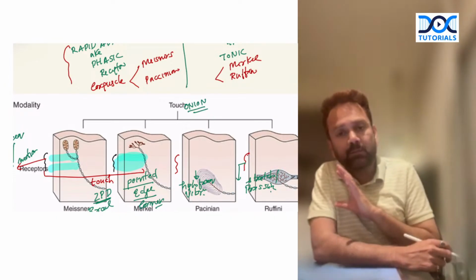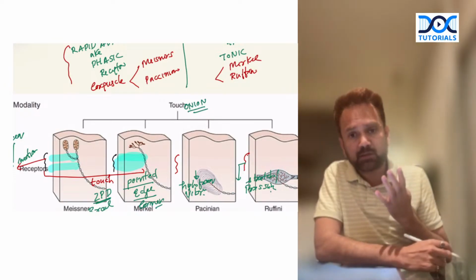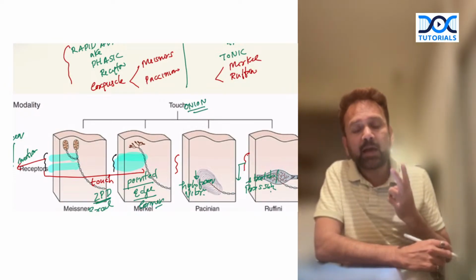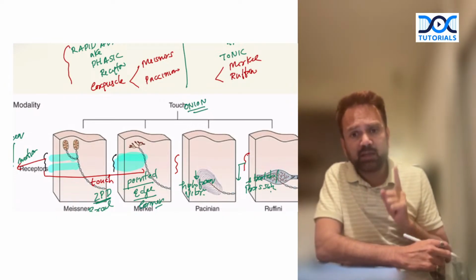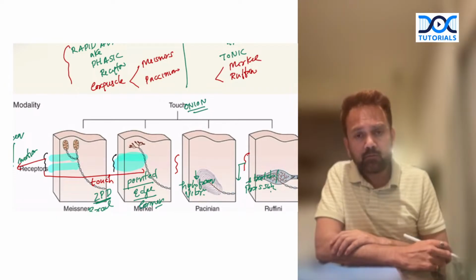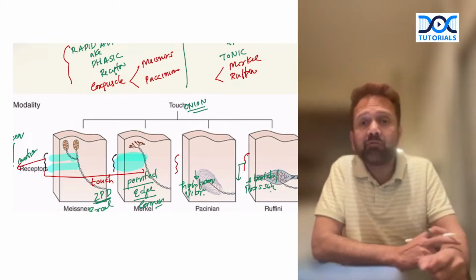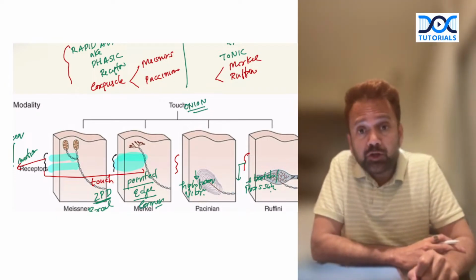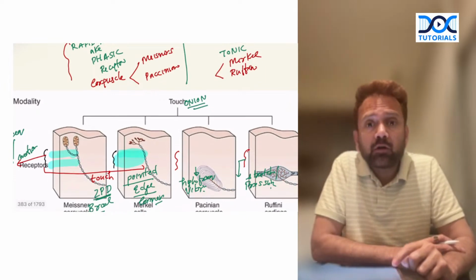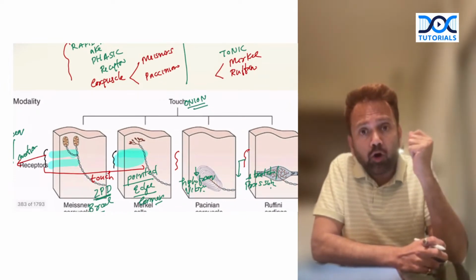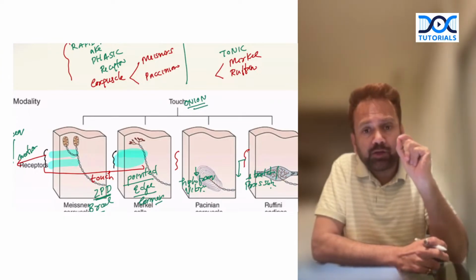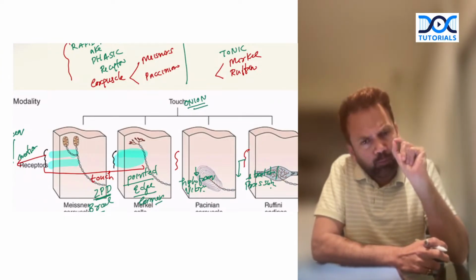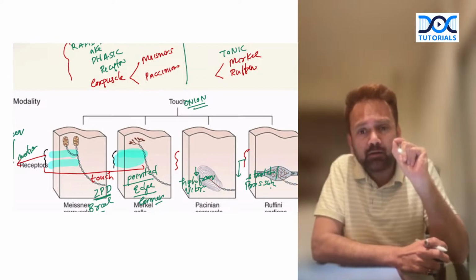Let me recap everything. There are four receptors. Two in the epidermis, M and M, Merkel and Meissner's. Two deeper in the dermis, Pacinian and Ruffini. The superficial ones are mainly for touch, of which Meissner's is for lateral motion or low frequency vibration, and Merkel is for touch with pointed objects.